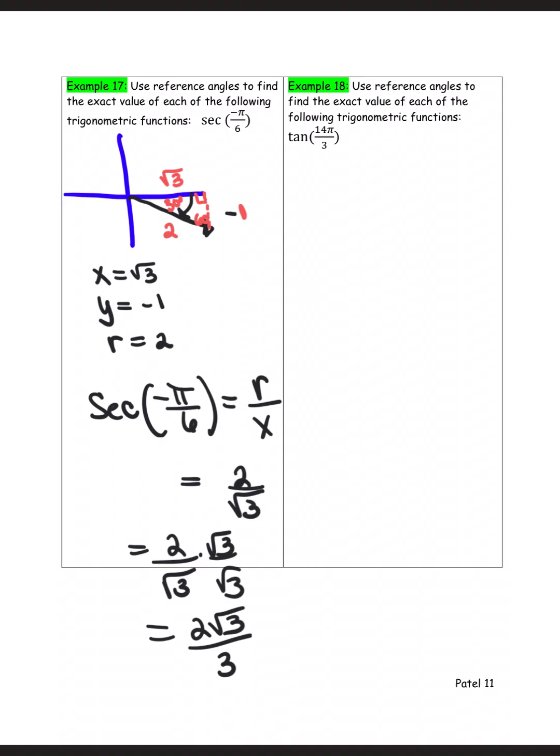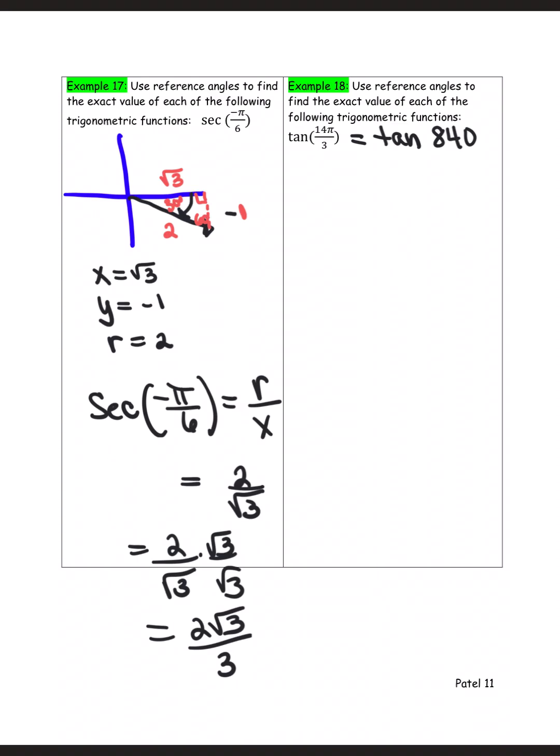Example 18, we have tangent of 14 pi over 3. Once again, if you do not like radians, you can always convert that. Remember, pi is 180, so you take 14 times 180 divided by 3, and you get 840. So we're basically looking for tan of 840. So I'm going to subtract 360 from that because it's going to rotate 1 time.